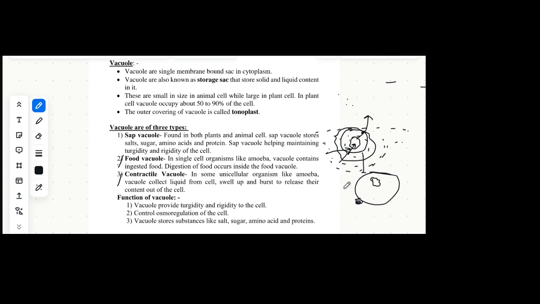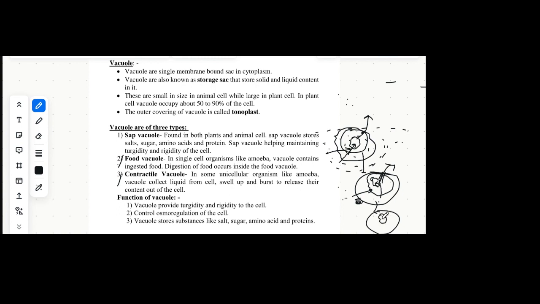Again, water continuously enters the cell and the vacuole, and the vacuole becomes large in size. Again, it fuses with the plasma membrane and expels excess water, and again the vacuole contracts in size.